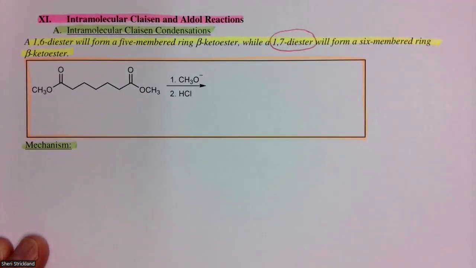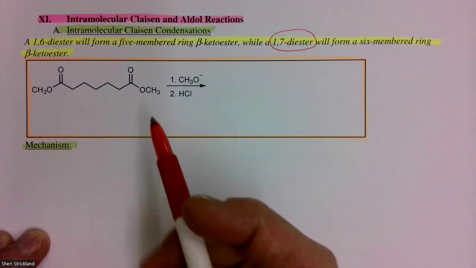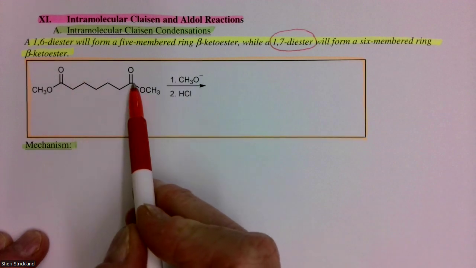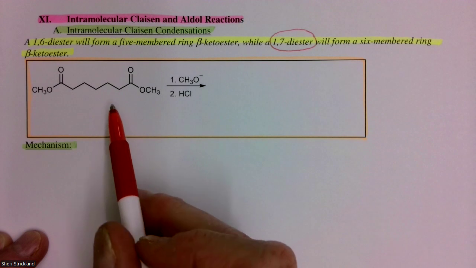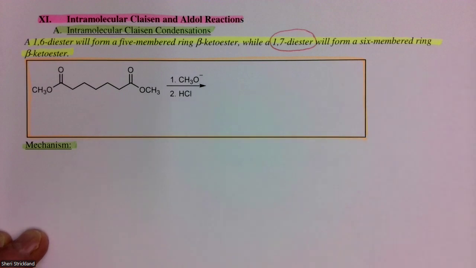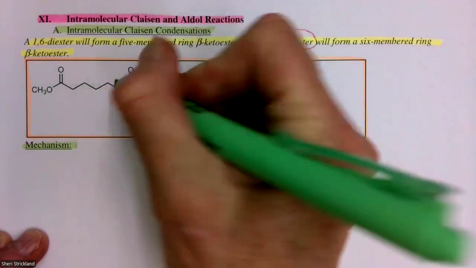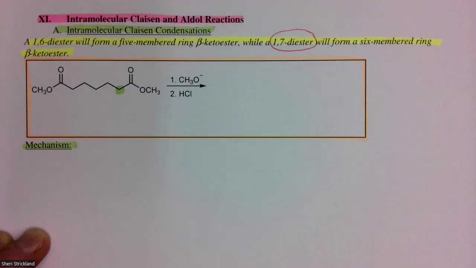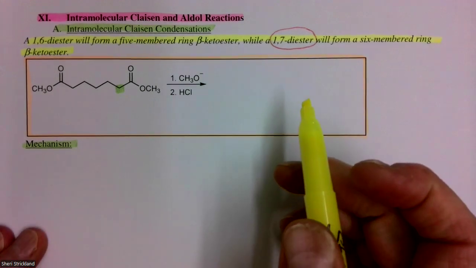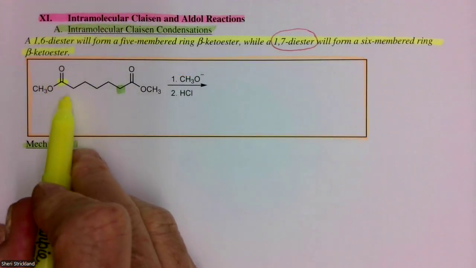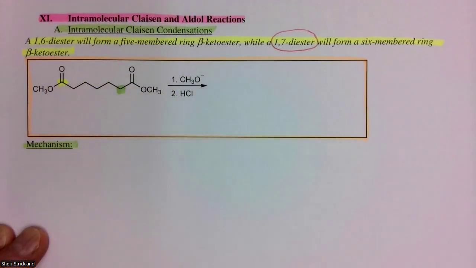Now, the reason it forms a 6-membered ring is that we're not forming a bond between two electrophiles. It has to be between a nucleophile and an electrophile. So if I make an enolate ion right here, alpha to one of these esters, then it's going to attack the electrophile on the other end of the molecule, which is here, and that's 1, 2, 3, 4, 5, 6.